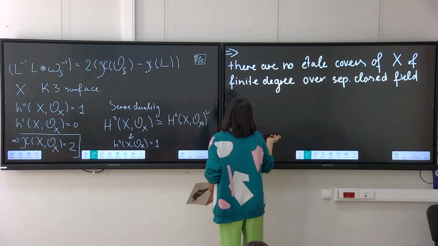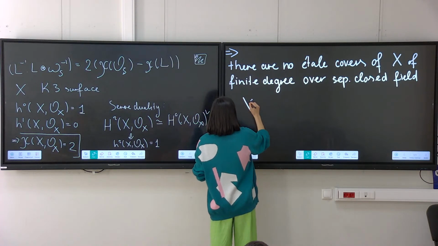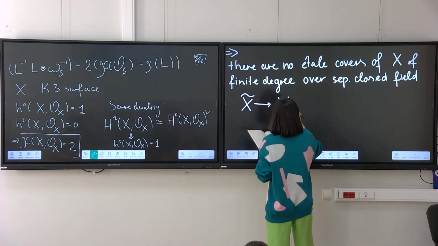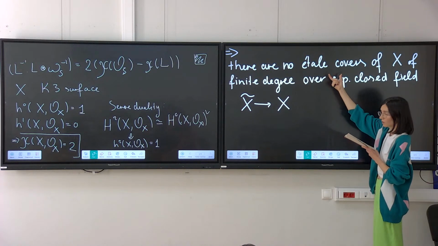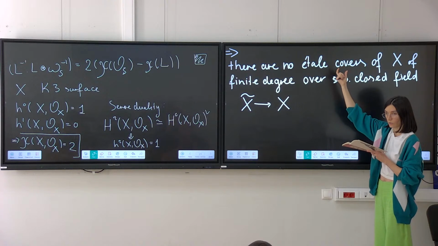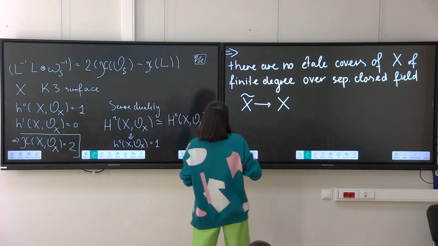And now, what is the proof of this fact? Suppose that we have an étale cover. Everyone knows what an étale cover is. This is just an unramified, unbranched cover. Maybe we will discuss this at the end of the lecture.